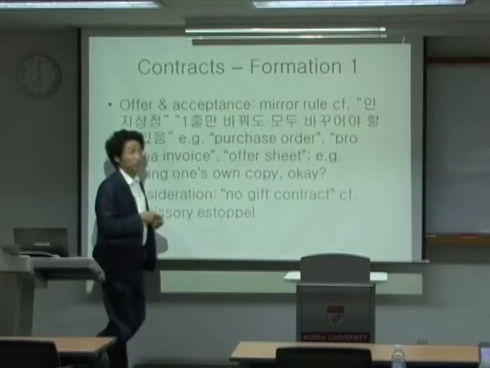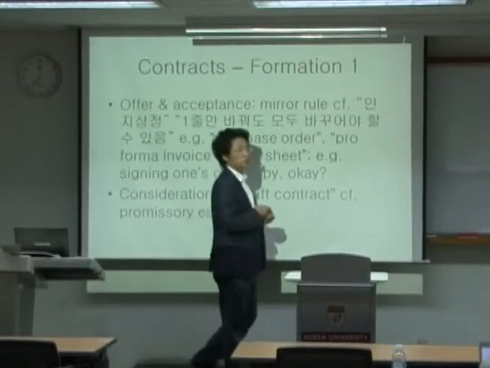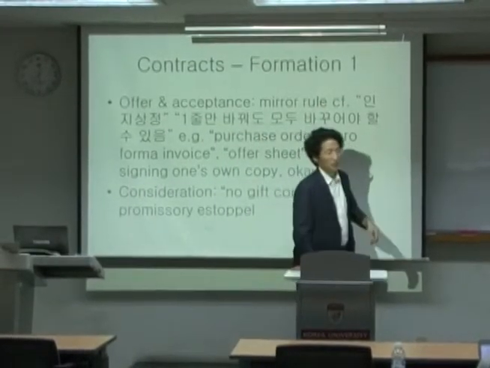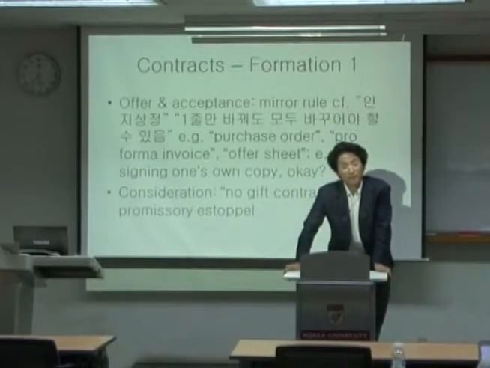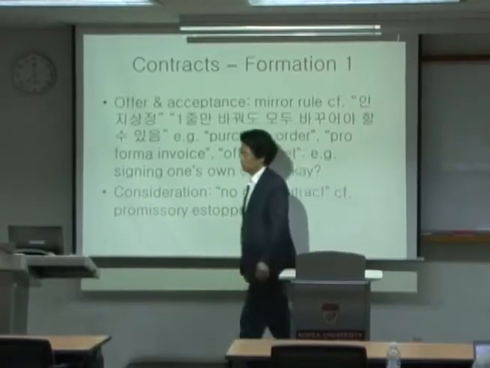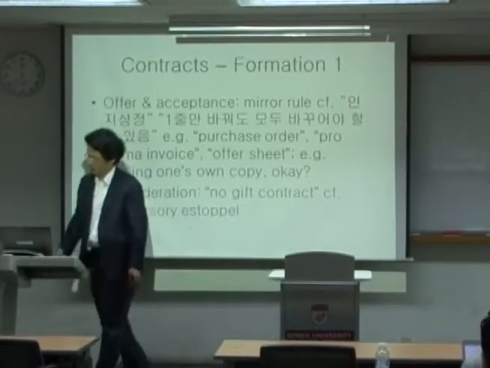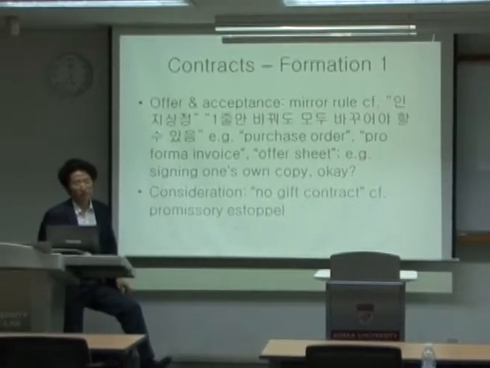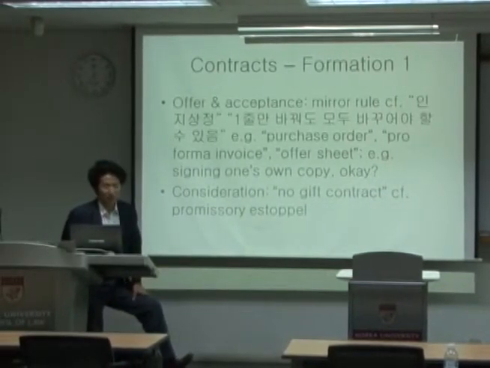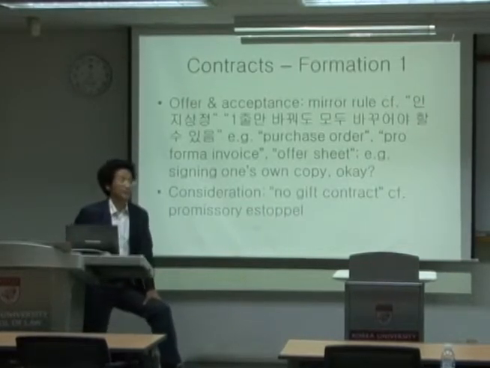That means offer and acceptance has to be exactly the same, as if one is the mirror image of the other. Okay? Only then is a contract properly considered to be accepted. Okay?